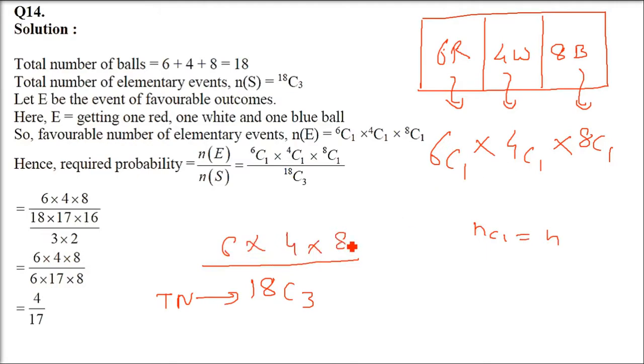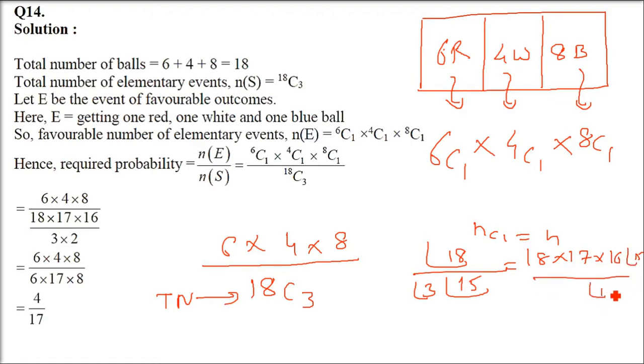So 6 into 4 into 8. 18C3 will be what? Factorial 18 by factorial 3 into factorial 18 minus 3, which is factorial 15. So 18, 17 and 16 divided by 3, 2. So what do you get? You are going to get 4 by 17 as the final answer.